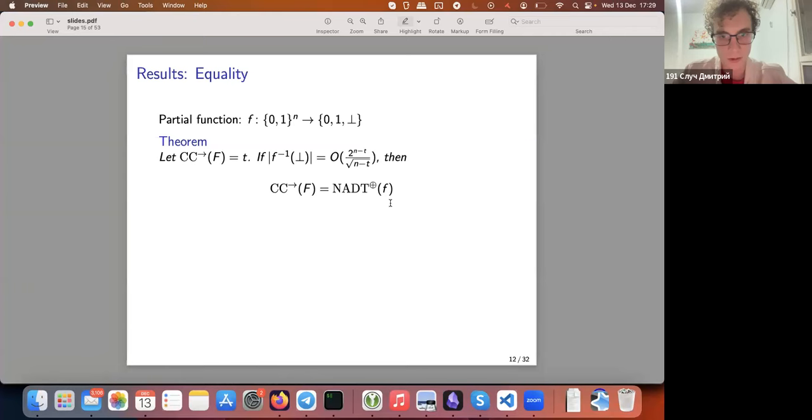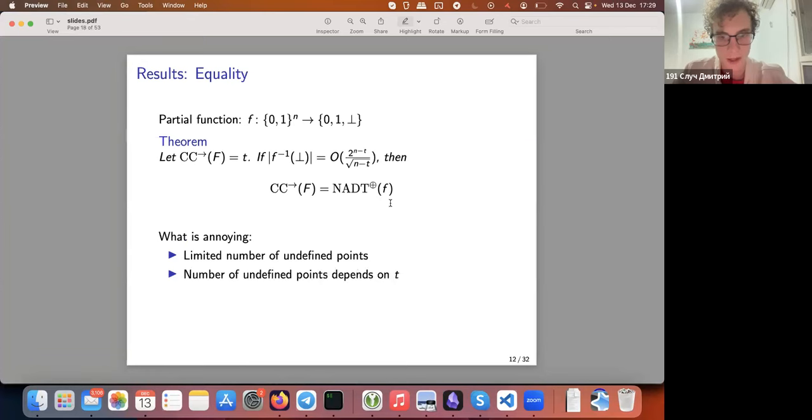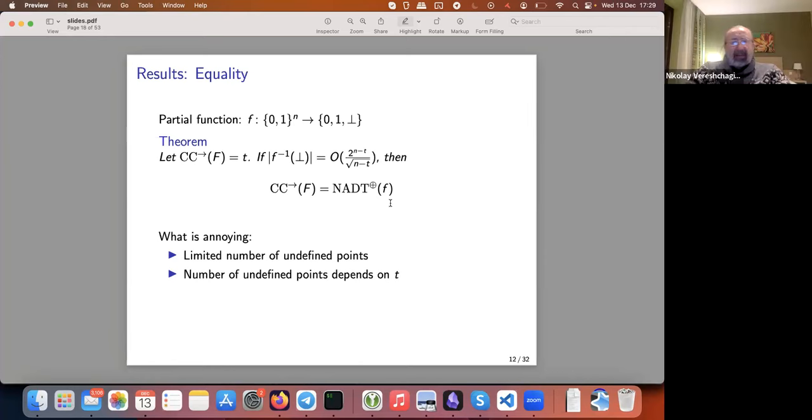And there are two annoying things. First is that the number of undefined points is limited. And the second is that the number of undefined points depends on t. Wait a bit. So here you assume how capital F is defined from little f.